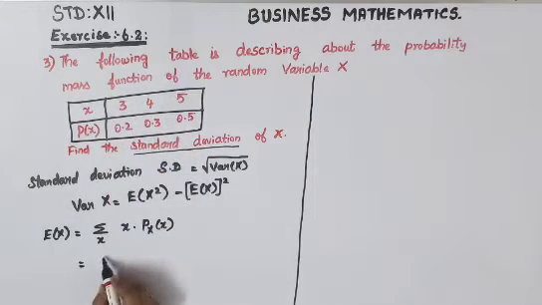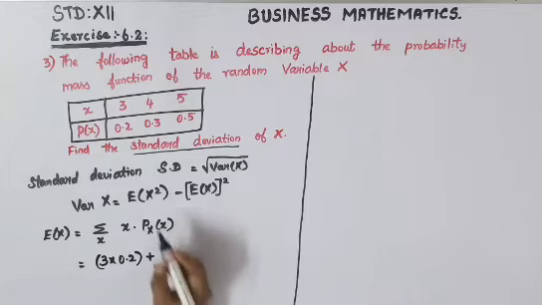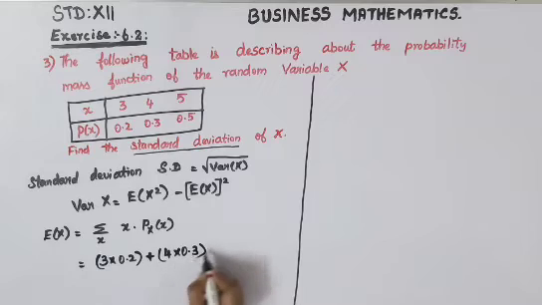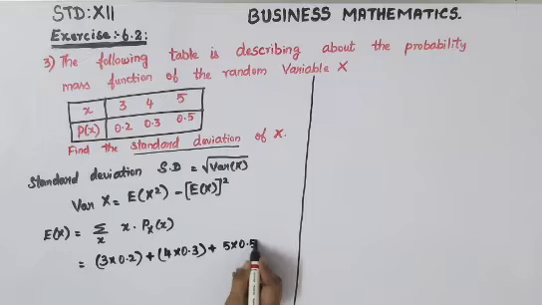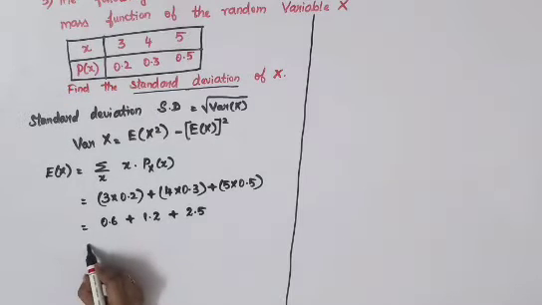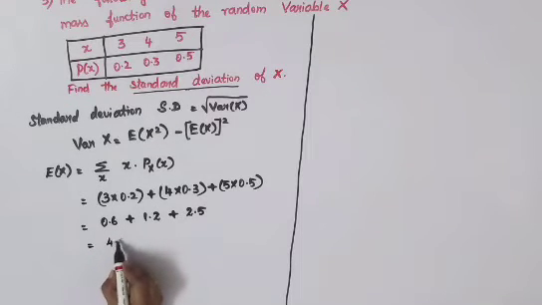So 3 into 0.2 plus 4 into 0.3 plus 5 into 0.5. First finish your multiplication, then go for the addition. So 3 into 0.2 is 0.6, plus 4 into 0.3 is 1.2, plus 5 into 0.5 is 2.5. Adding, you will get 4.3.